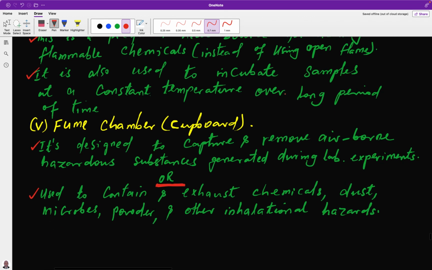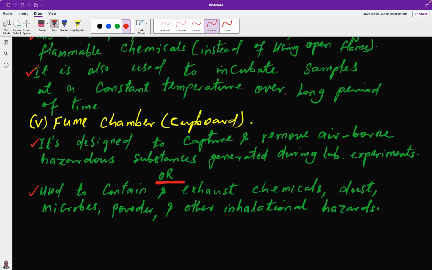Then fume chamber. In other words, we can call it a fume cupboard. It is designed to capture and remove airborne hazardous substances generated during laboratory experiments.